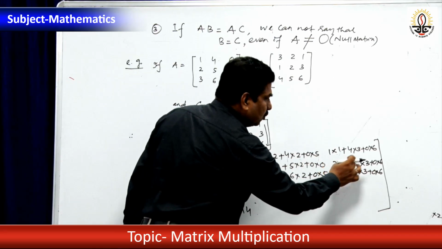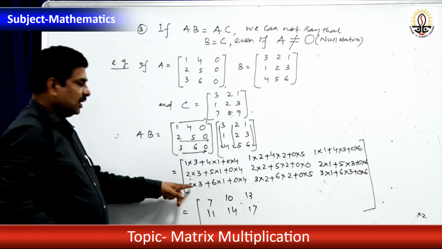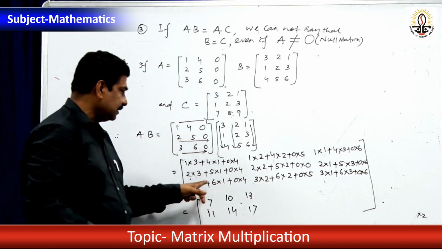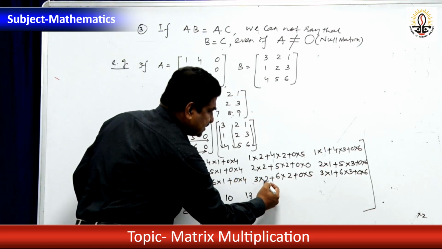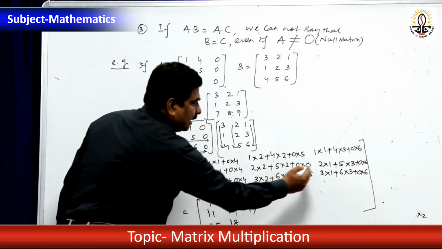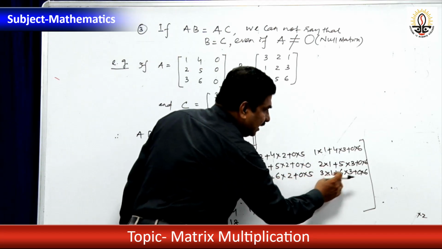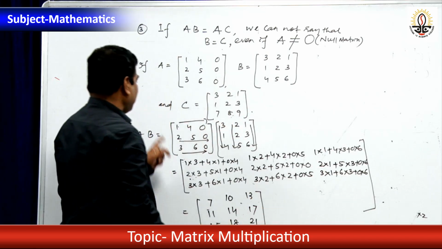Here you see 2 plus 15, 17. Here 3 into 3, 9 plus 6, 15. Next one is 6 plus 12, 18. And this one is 3 plus 18, dear, 21. Then what will be the value of AB?